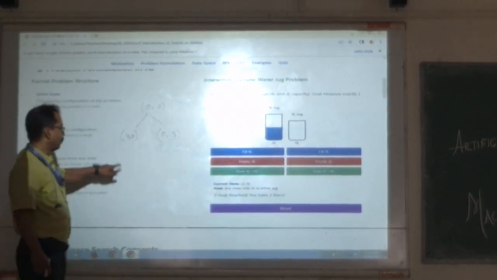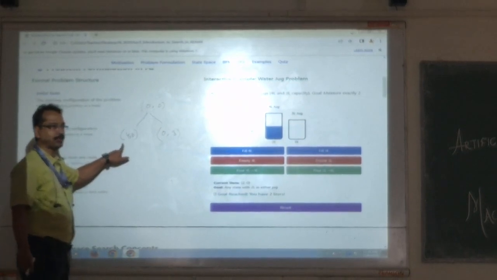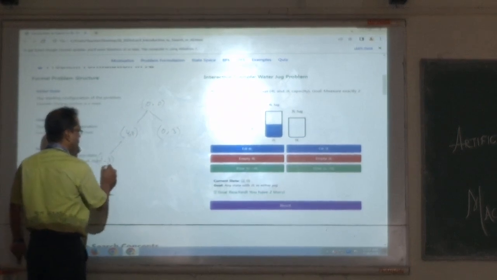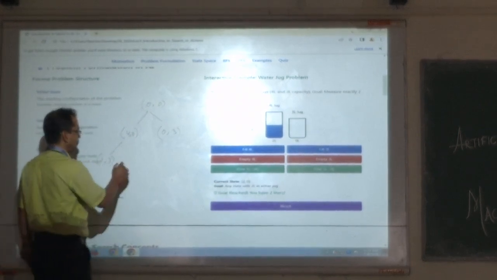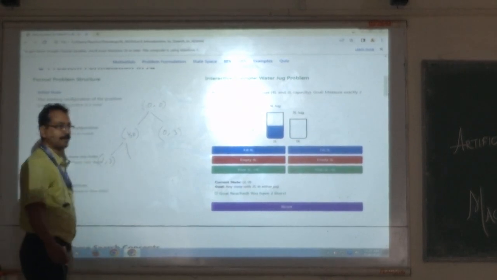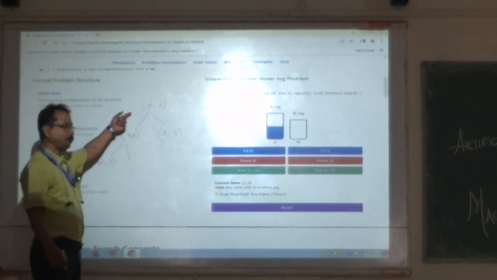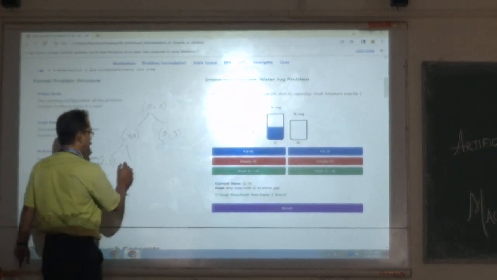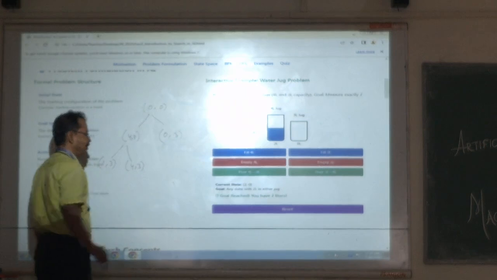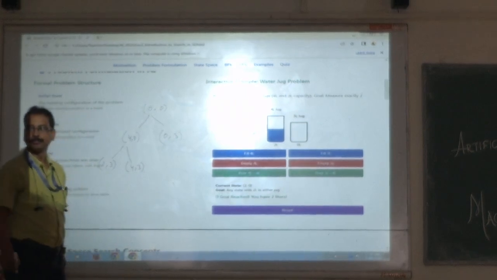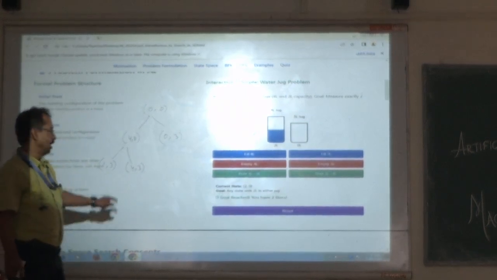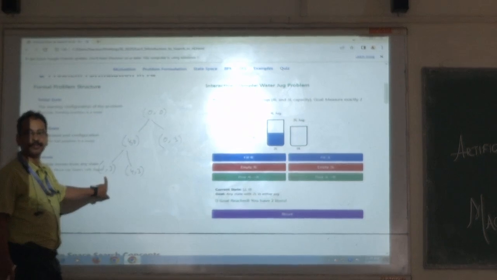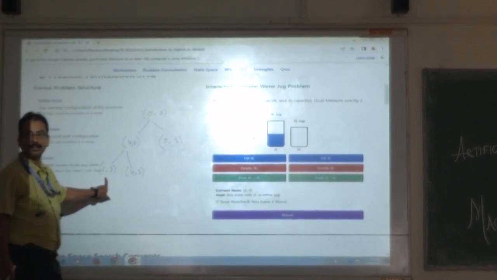Isn't it? Now from this 4, 0, what can be the different steps? It can come 1, 3, then 0, 0 means previous one, I am not giving it, and 4, 3. Anything else? Now all of you check.